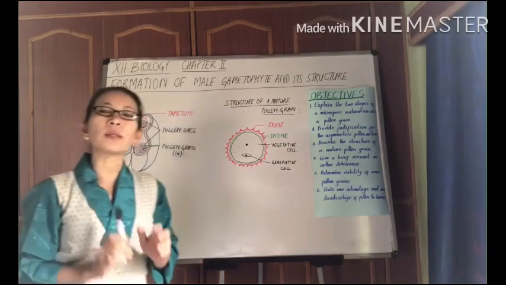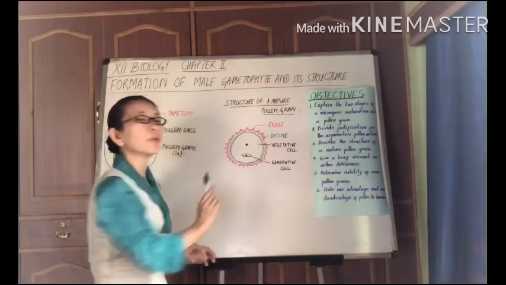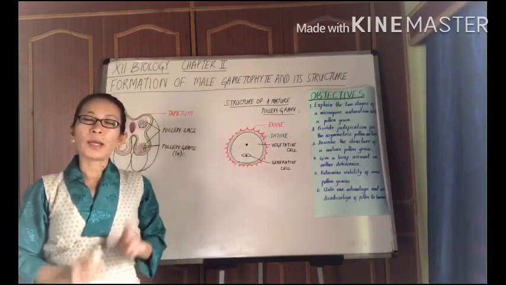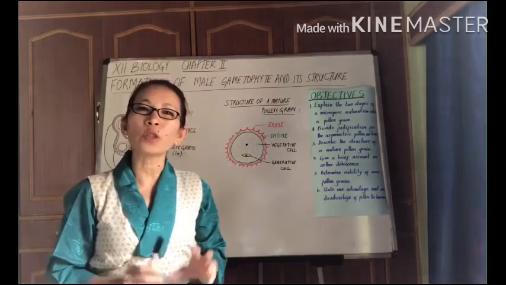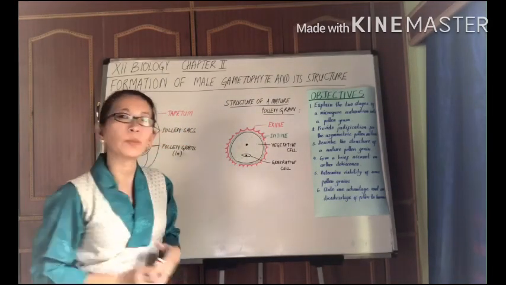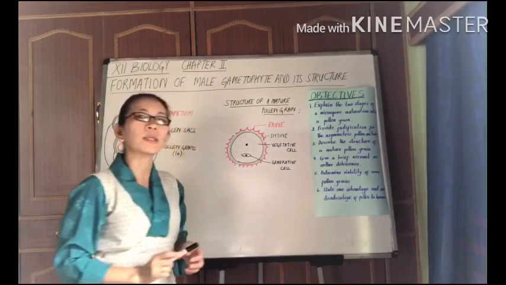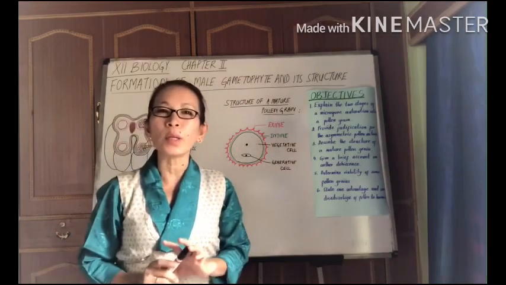These tapetal cells are responsible for the synthesis of the outer layer, which is the exine layer. The exine layer is a very, very thick layer, and it is very different in its chemical composition from the intine, because exine has a material called sporopollenin.